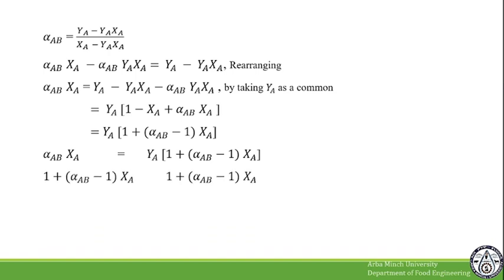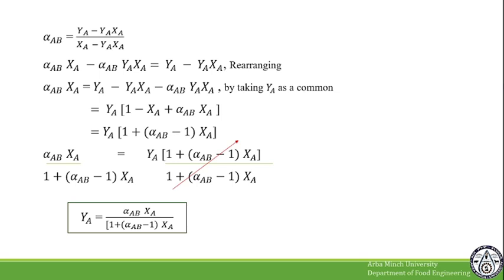This is similar on both sides, so we could cancel it out, and we found the yA value, which is the mole fraction of the gas phase: yA is equal to alpha AB xA over 1 plus (alpha AB minus 1) into xA.